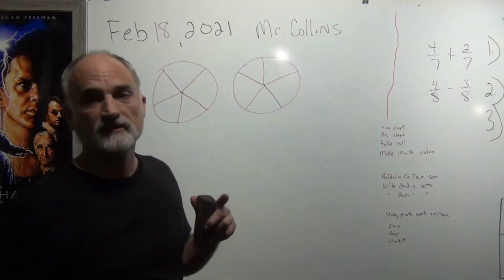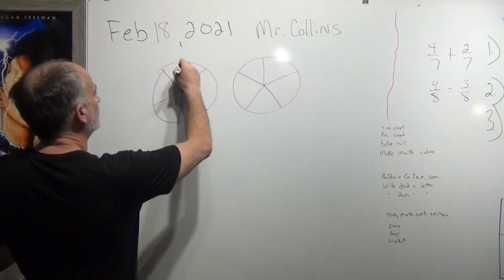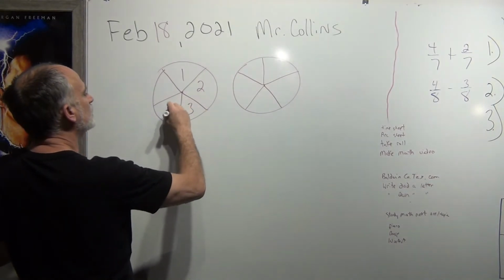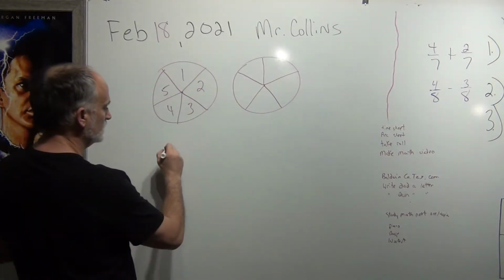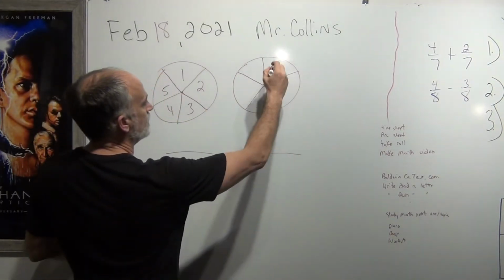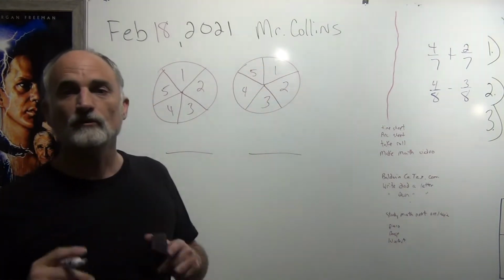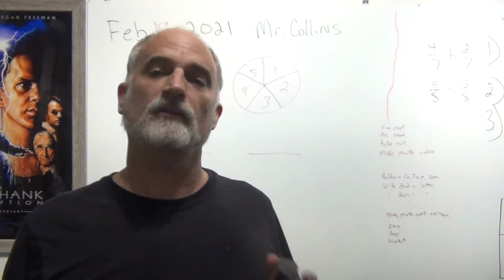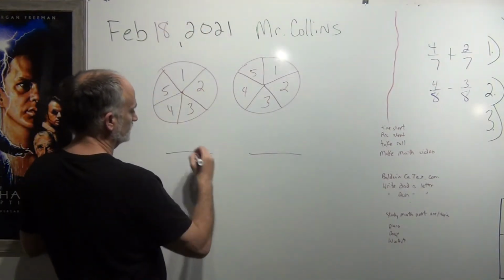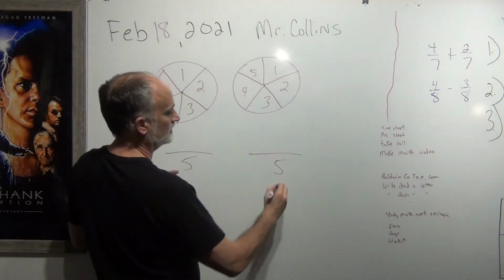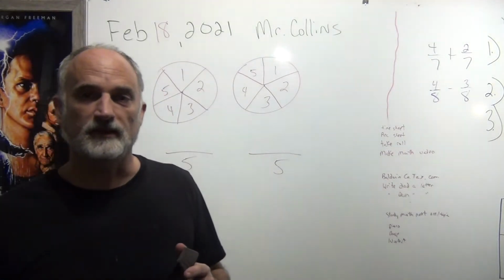So, let's count the pieces. 1, 2, 3, 4, 5. The total number of pieces, is it the numerator or the denominator? The total number is on the bottom, the denominator, okay?